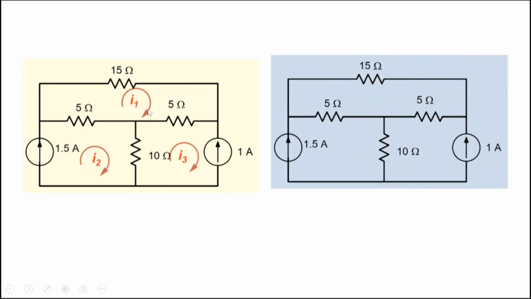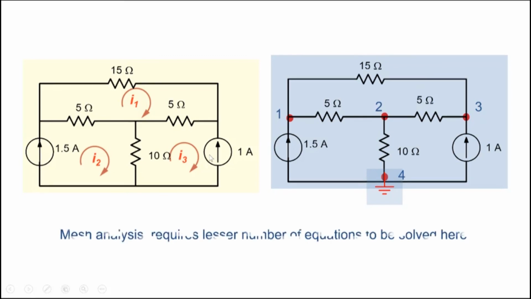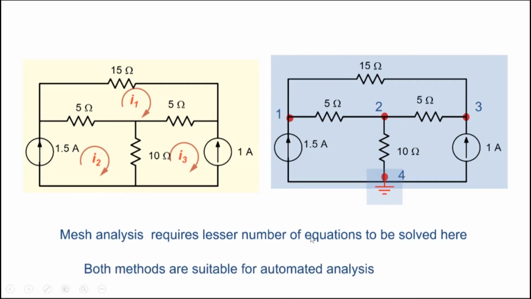If I apply the nodal analysis here, as usual we ground here. I don't know what V1 is, V2 or V3, so we'll have to write KCL at each one of them and solve 3 equations. So it's obvious in this case the mesh works better. In the other case, the nodal was working better. So mesh analysis requires a lesser number of equations to be solved here.